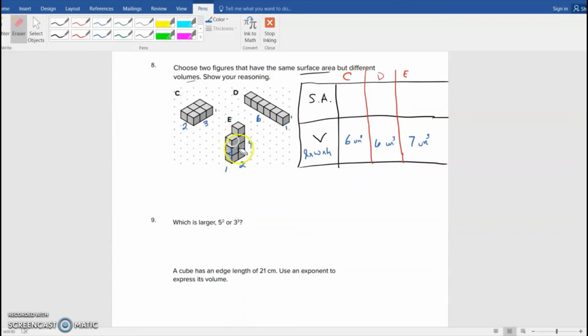Okay, I'm going to erase my beautiful artwork there. And then I'm going to find the surface area next. So surface area, remember, is the area of each side. And for our sides, sometimes it's helpful to color code. So for example, I could color code the front blue, and knowing the front is blue, so would the back.